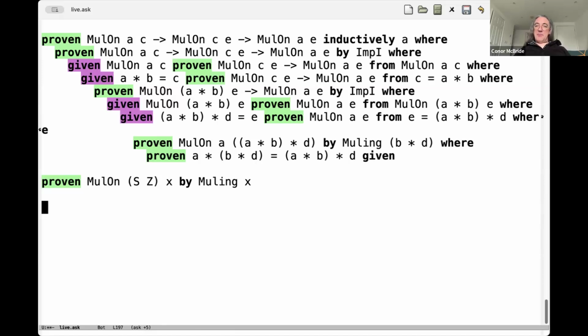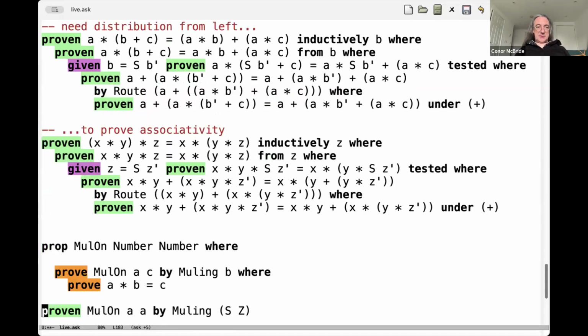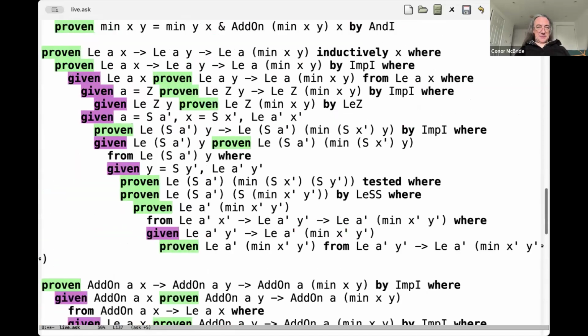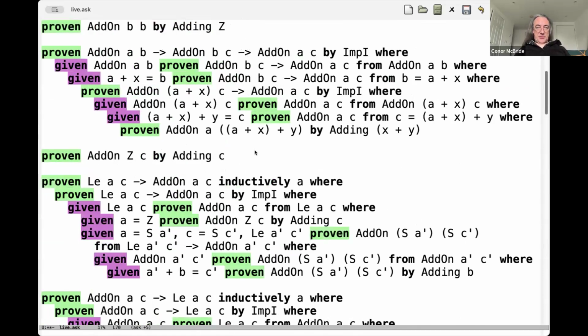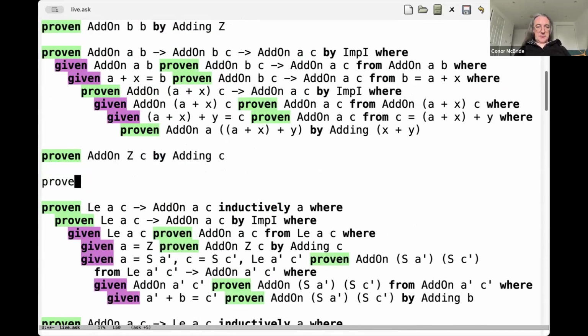no way to give a biggest thing in the add-on order. There is no top element, right? Wherever we are, if we wanted to prove a top element, we'd have to think of a number that was bigger than all the other numbers.